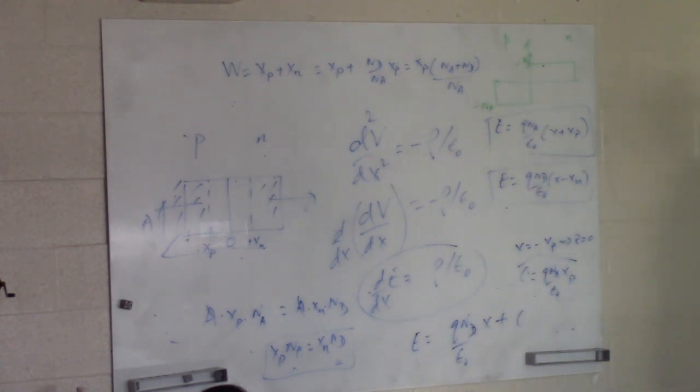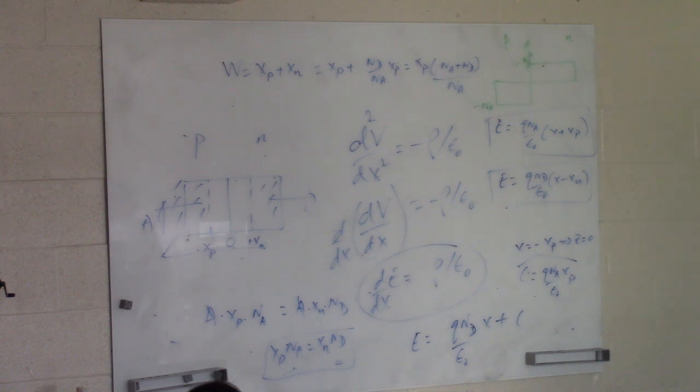Then you can find the maximum electric field. What is the maximum electric field? When X equals 0, you can find the maximum electric field as Em here. Then how do we calculate VBI, the built-in potential? That's the only thing we don't know, right?